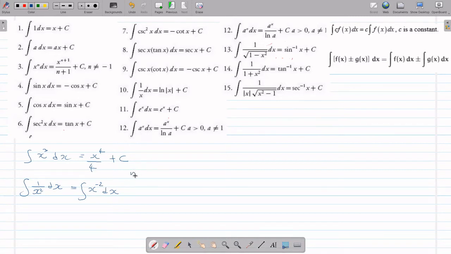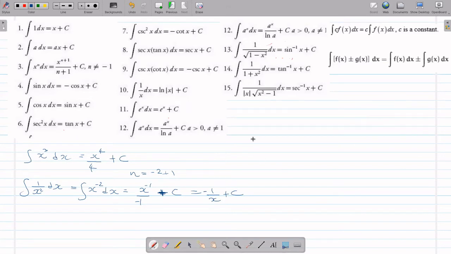Here n is negative 2. Negative 2 plus 1 is negative 1. So I say x to the negative 1 over negative 1. I can simplify it a little bit, and plus c is important. Always the plus c. If I want, I can write negative 1 over x plus c, just simplifying this.